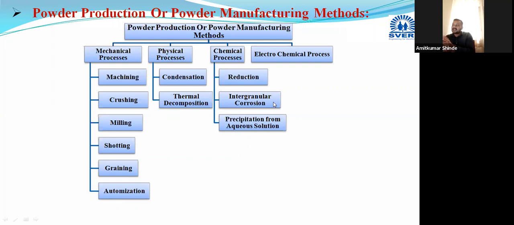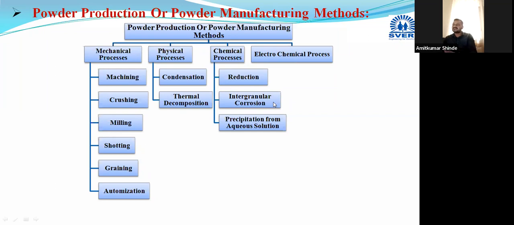In that aqueous solution, we place the stainless steel and boil the solution, providing a small quantity of heat. Then what happens? The grain boundaries, which are more sensitive due to the accumulation of chromium carbide particles, get corroded, and after some time the grains get removed.